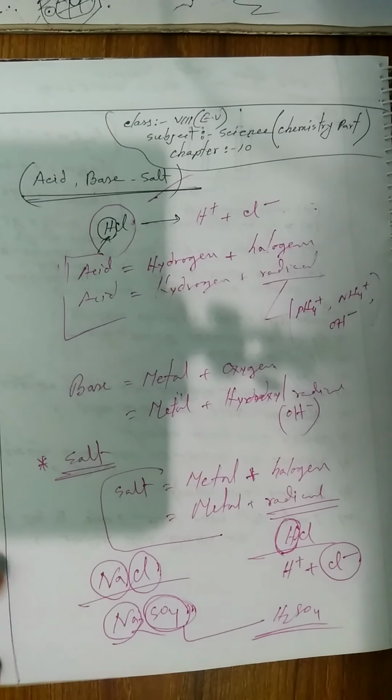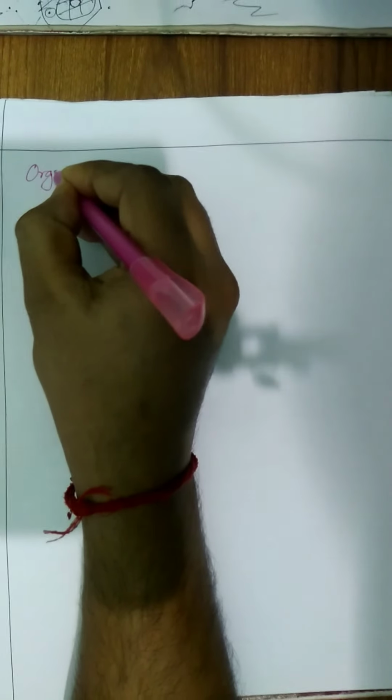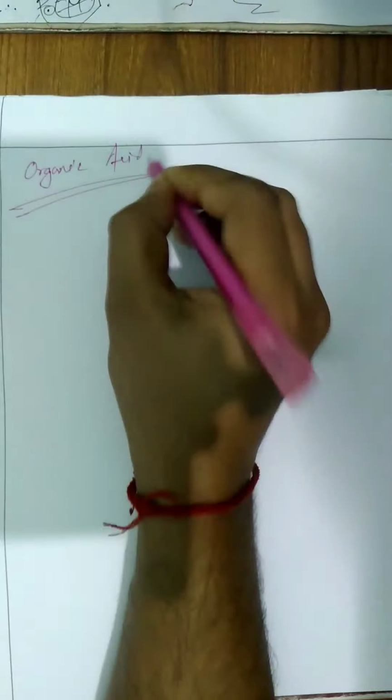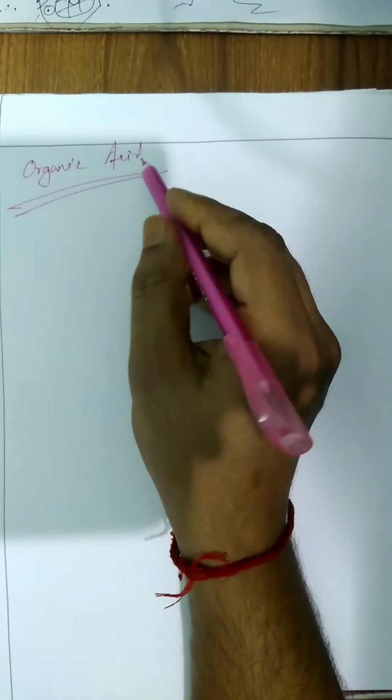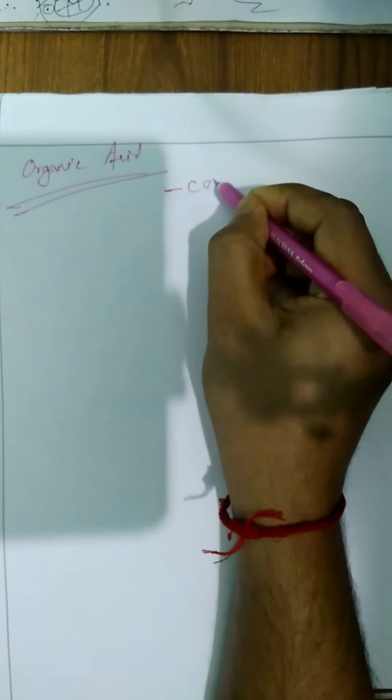Now the next term, organic acid. The acid that contains a COOH group is called organic acid.